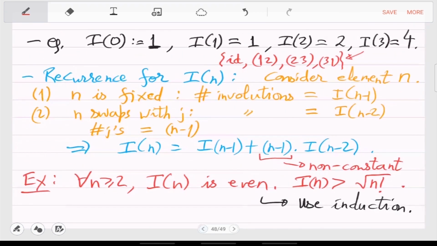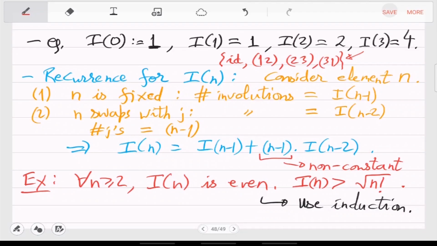Maybe a more relevant reason is that since you have n minus 1 multiplying there, if you divide by n factorial, then somehow it will try to deal with that coefficient n minus 1.